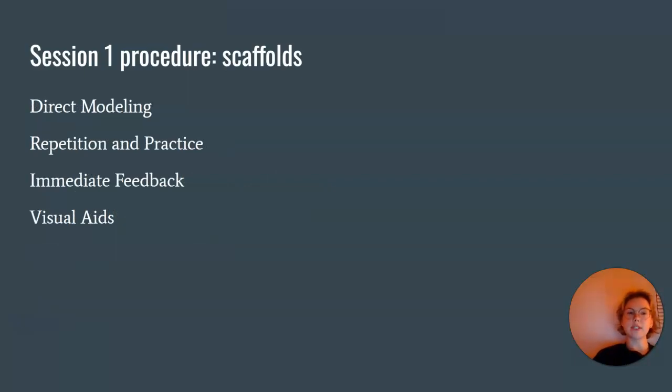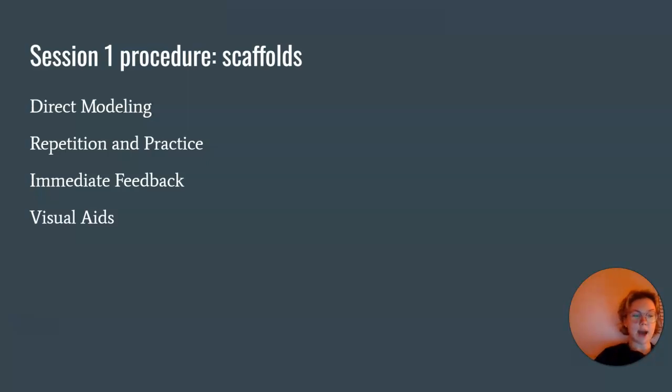So the scaffolds for teach session number 1 were direct modeling, where the correct pronunciation was modeled for the client in the feedback phase. By hearing the correct way to pronounce the syllable, the client had a clear model to imitate. And then repetition and practice. By repeating the verbs and focusing on areas of difficulty, my client had the chance to strengthen their newly acquired skills.